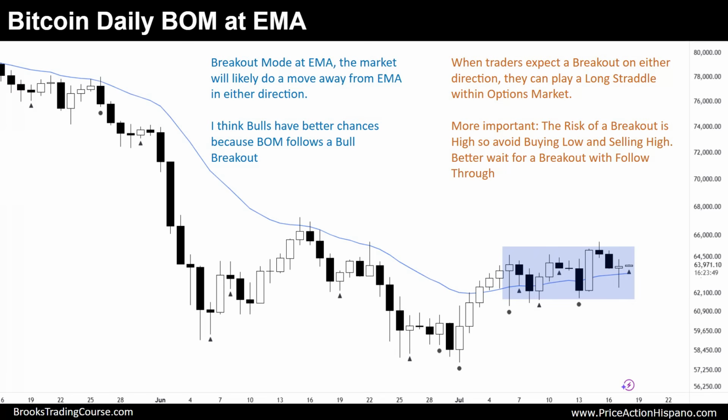The options market has interesting possibilities for placing a trade whenever you are not sure of the breakout direction. So you can play a long straddle, which means buying an at-the-money put and buying an at-the-money call. And if there is a strong breakout, you have a limited risk on one side, the side that will fail, but you have a theoretical unlimited potential for the side that works, the breakout.